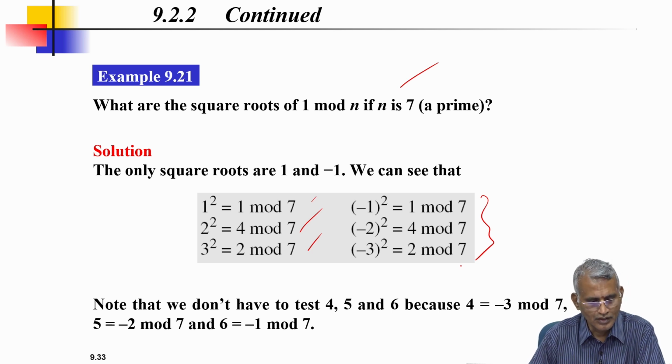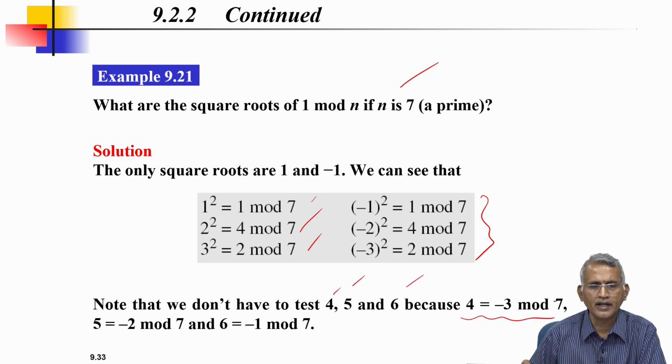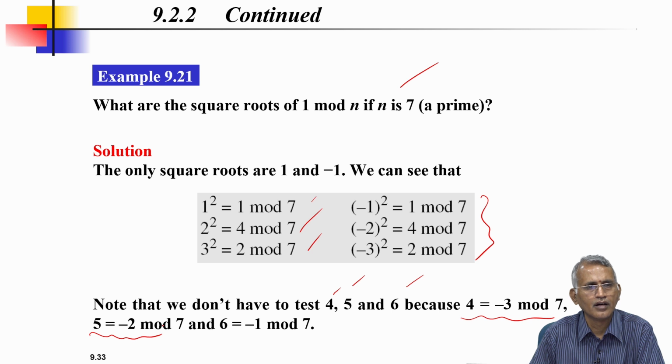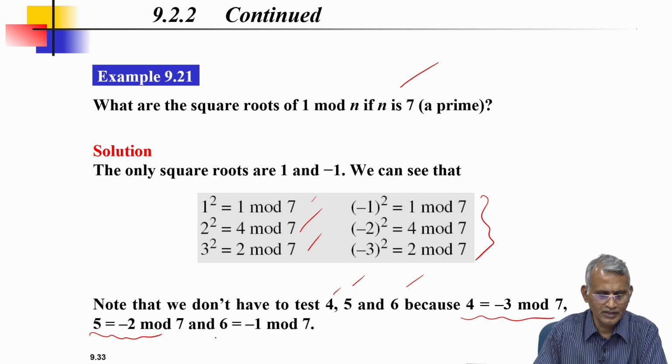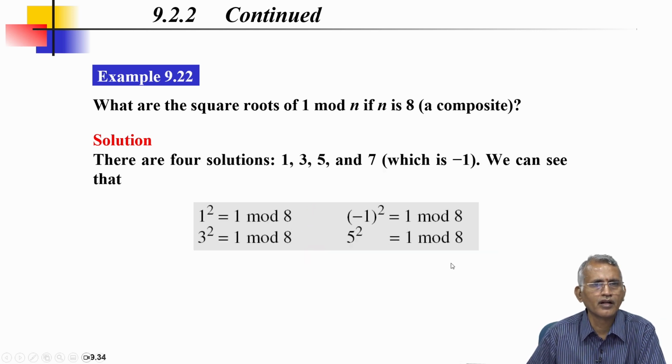We do not need to test 4, 5 and 6, because 4 is identically equal to minus 3, 5 is identically equal to minus 2, and 6 is identically equal to minus 1 under modulo 7.